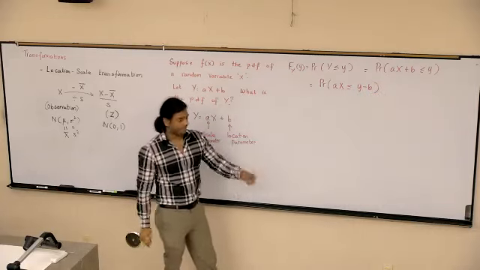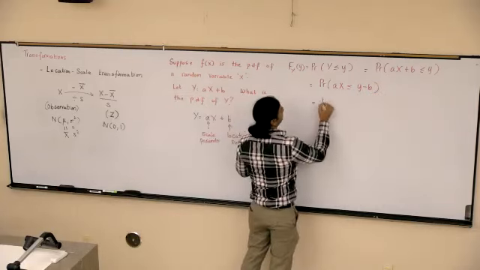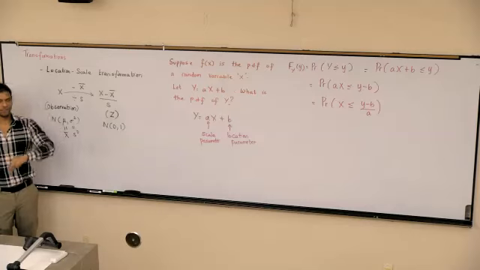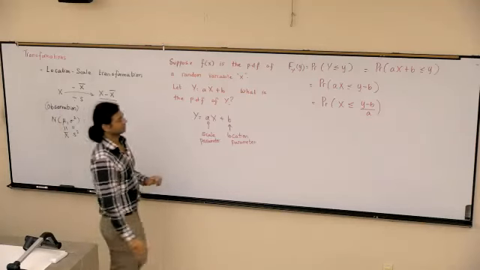And now I divide by A on both sides. And that's exactly what I was after. How do I write this in terms of the CDF of X? It's like F of (y minus b) over a.